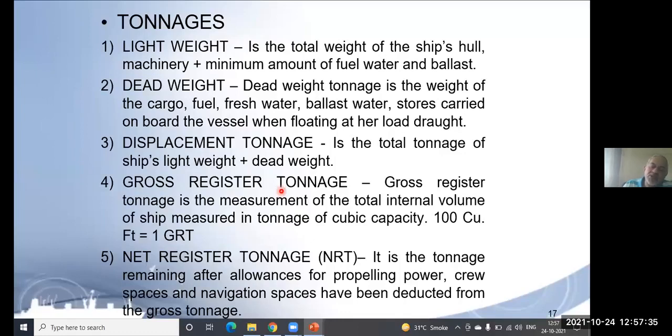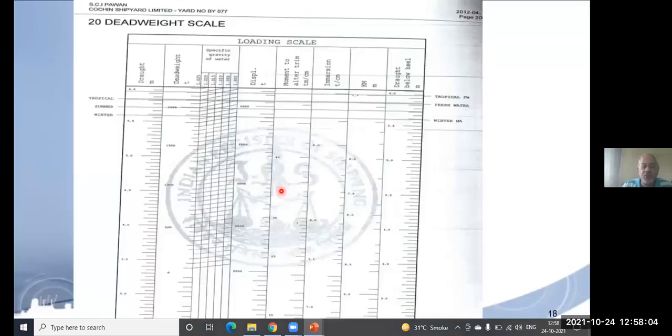No, the measurement is ton, but it is not weight. Here also, displacement tonnage is actual weight, and this is volume converted into tons, a concept only. Okay, sir.